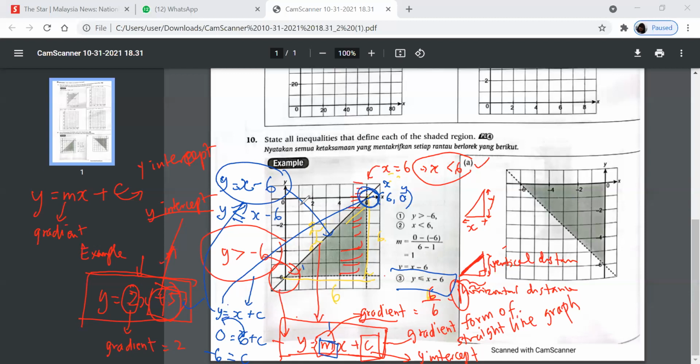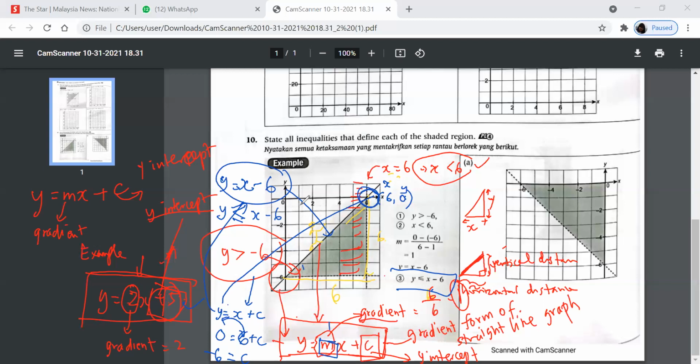Wow, this is a lot to take in. It's a long question. A lot to take in because you already forgot Form 2. Form 1 forgotten, Form 3 forgotten, now you're in Form 4. So they put all the Form 1, 2, 3 inside. You forgot everything, then have to come back again. And you all didn't take PT3.